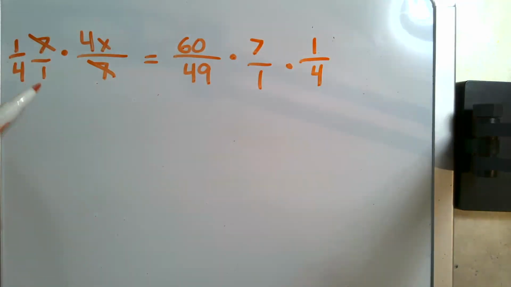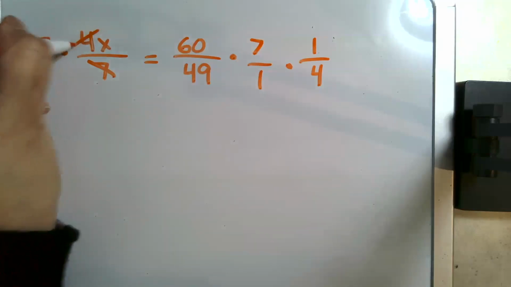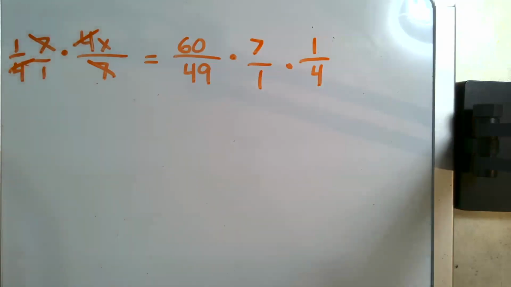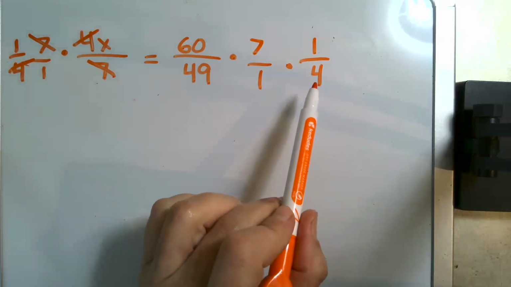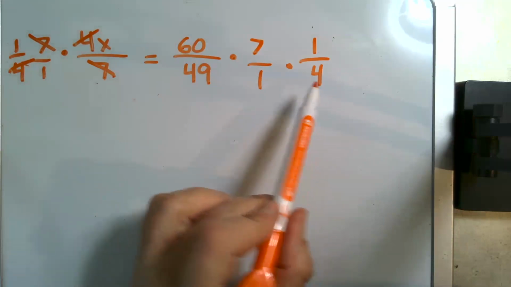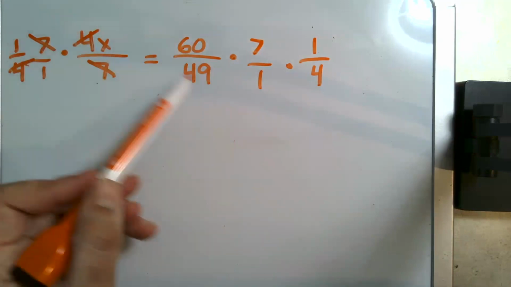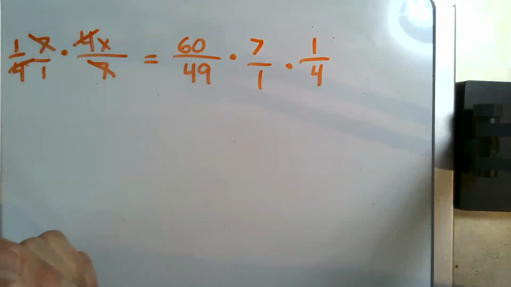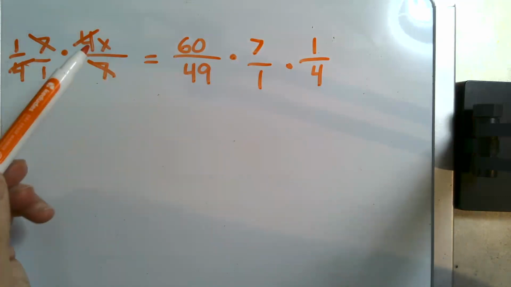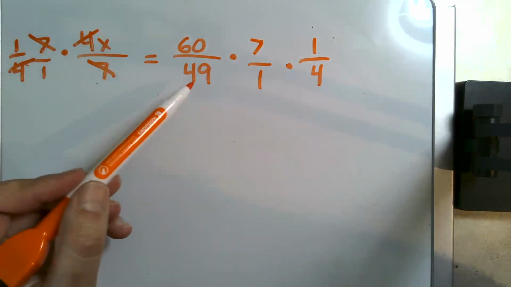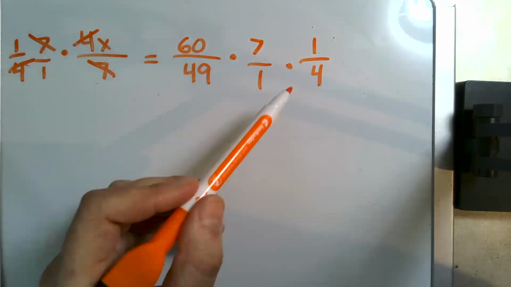So on this side, dividing by 4 or multiplying by 1/4 is what gets rid of the 4 there. On this side, we're now multiplying our 4 times our 49, which is our second loop of the bow tie, and it's the dividing the 4 times 49 away from the x.